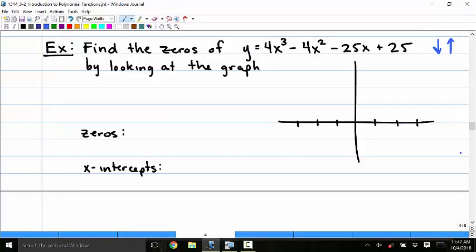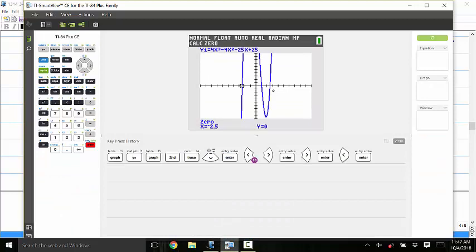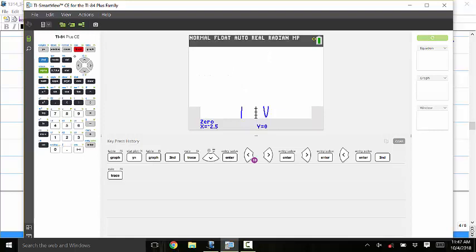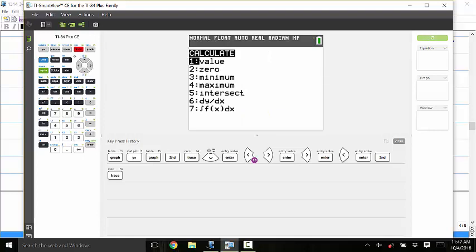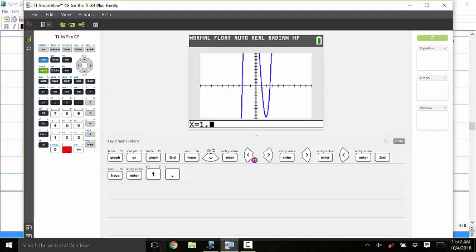Okay, on my graph, I'm going to do -2.5, 1. What was your other guess for that other one over here? 1.5? I can always also do second table, or I can do second calculate value and type in 1.5 for x.